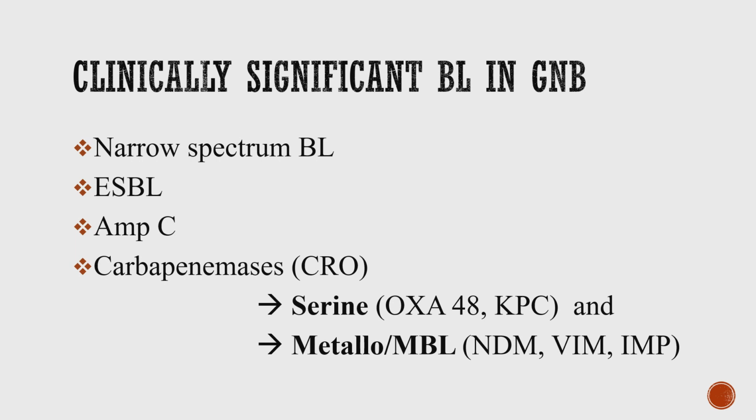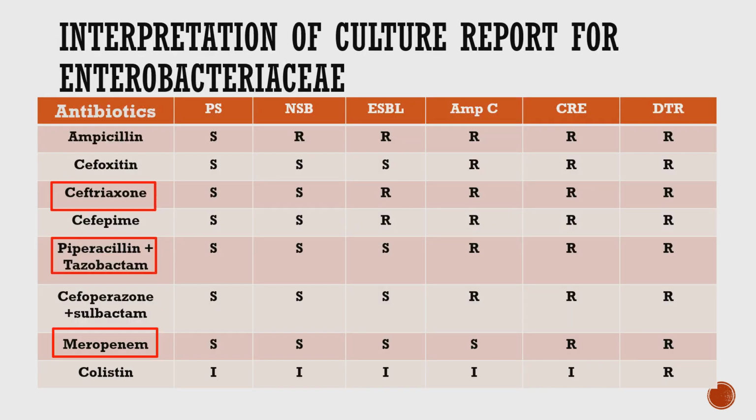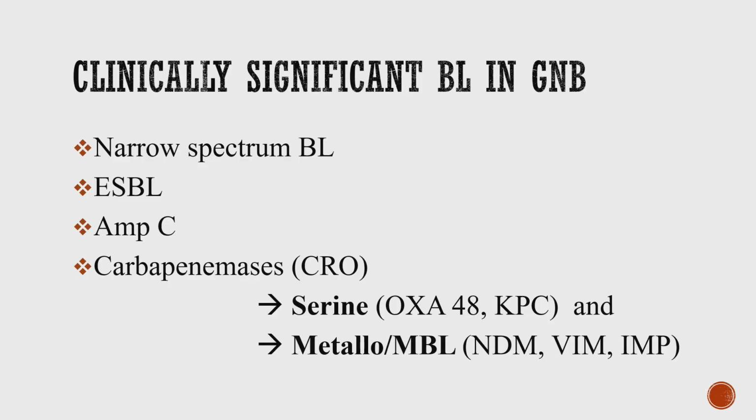So we have to know some clinically significant beta-lactamases in the Enterobacteriaceae: narrow-spectrum beta-lactamase that hydrolyzes only penicillins; extended-spectrum beta-lactamase that hydrolyzes all cephalosporins up to the 3rd generation; AmpC-type beta-lactamase that hydrolyzes beta-lactamase inhibitors like tazobactam and sulbactam also; and carbapenemase that hydrolyzes all the carbapenems. So by looking at the culture report, we can detect which type of beta-lactamase this patient is producing.